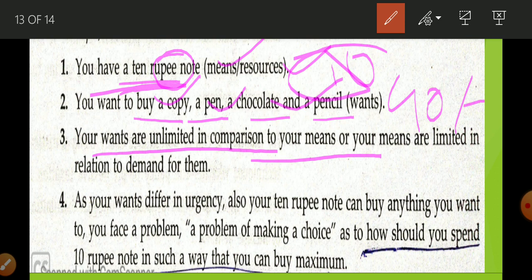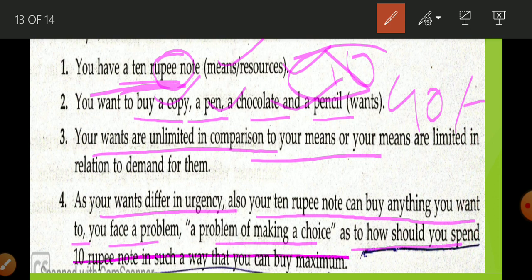Okay, as your wants differ in urgency, your 10 rupee note can buy anything you want. You face the problem of making a choice as to how you should spend 10 rupees in such a way that you can maximize. Which one you do first depends upon your situation. If you are going to school and you do not have a pen, obviously you are going to purchase a pen.